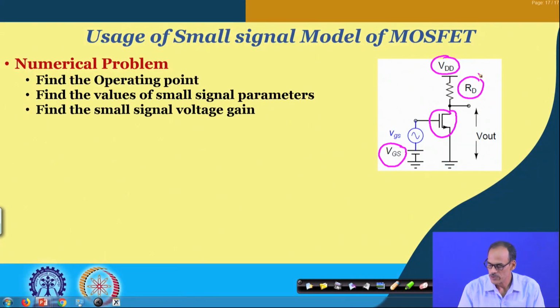What we need to find is the V out in terms of this VGS or V in. This is same as V in also.